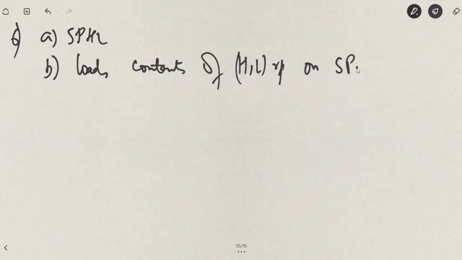Fine. So this will be a macro RTL. SP will be carrying the data that is located in the HL register pair.